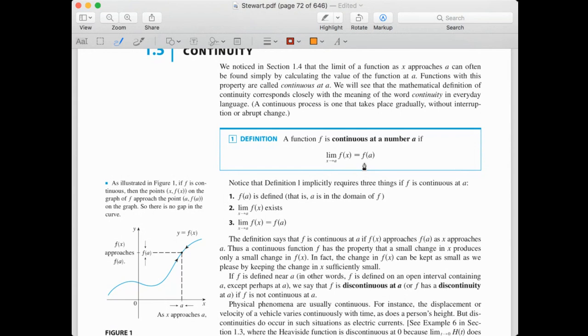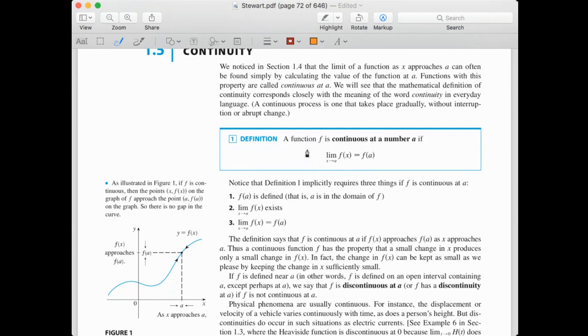And sometimes the limit does not exist, which means the left limit and right limit do not agree. Then the limit when x approaches a certain point does not exist, and of course the function cannot be continuous at the point.